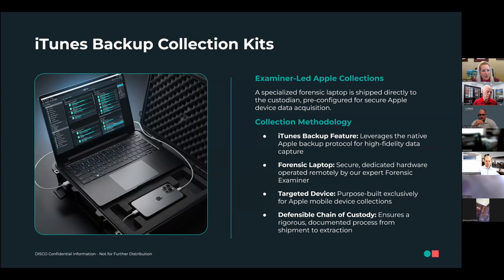We have a couple different types of collection kits. Dave touched on Cellebrite, the mobile device industry standard forensics tool for collection and analysis of phones and tablets. Depending on what data is needed from the phone, if only native text messages are needed from an iPhone, we can get an iTunes backup.